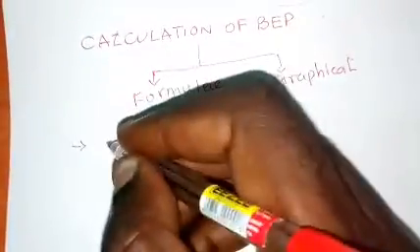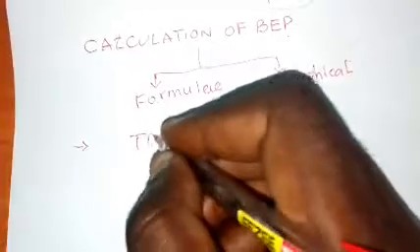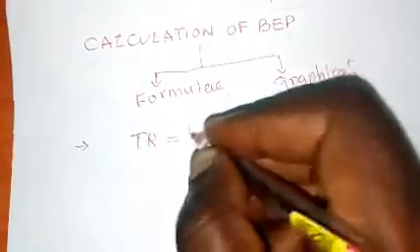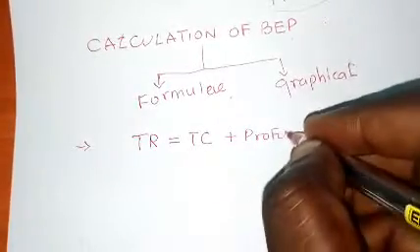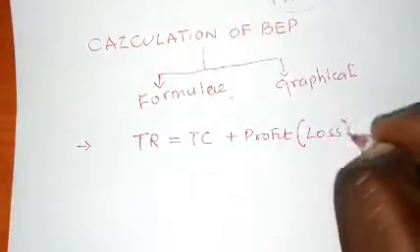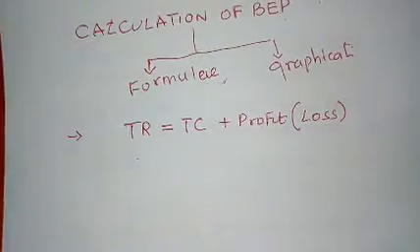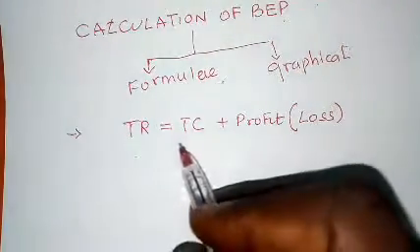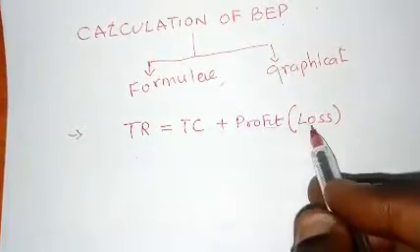Now for the formulae method, note that total revenue is equal to total costs plus profits or loss, in brackets. Total revenue equals the total cost plus profit.